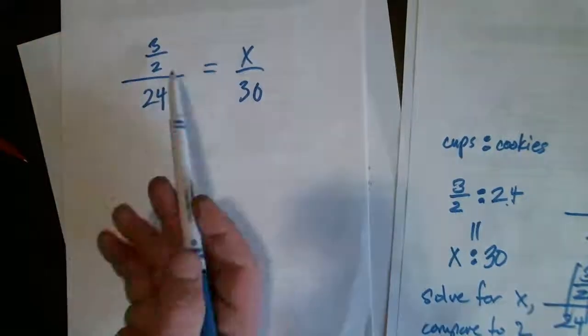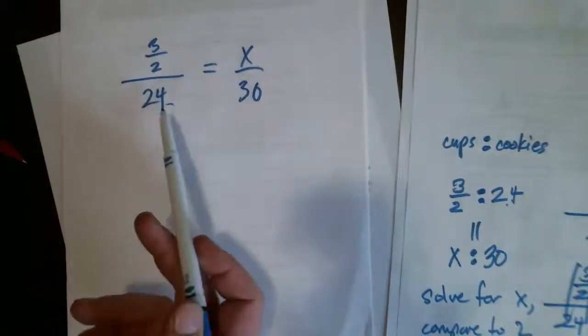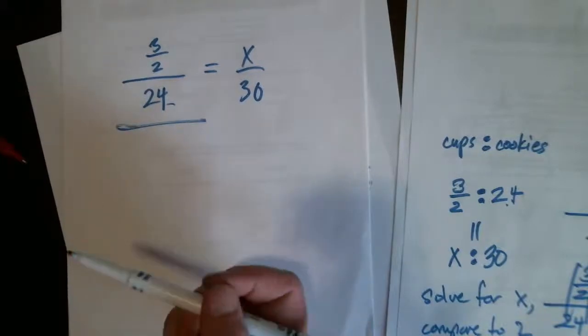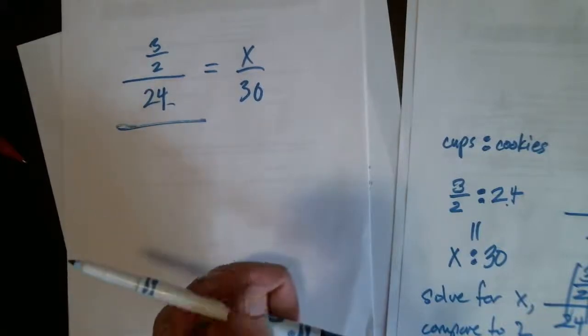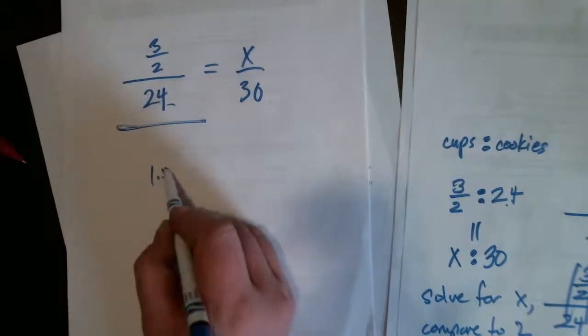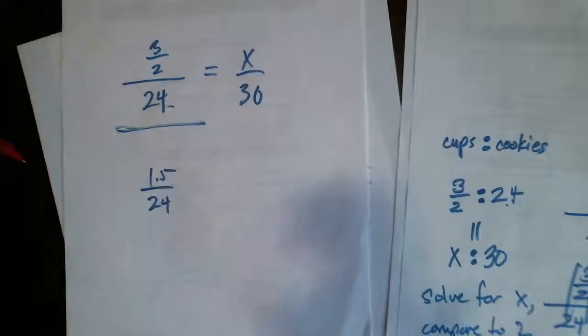Now, the left side is just a number. Whatever this is, it's a number, and we can put that into a calculator if we had to. So it's like 1.5 over 24.